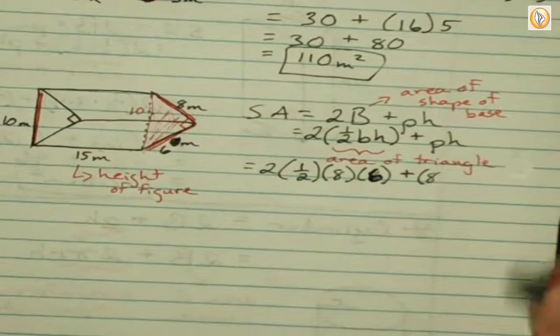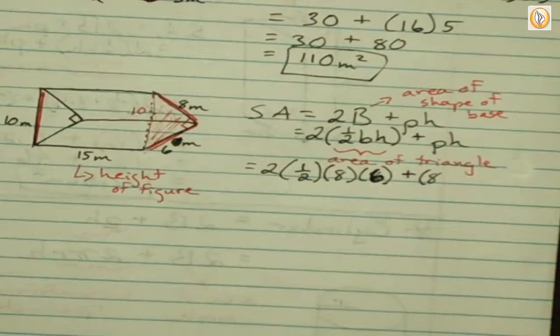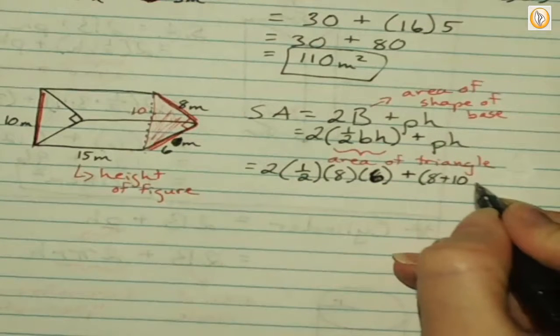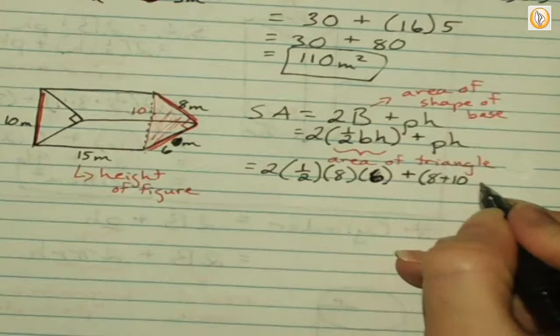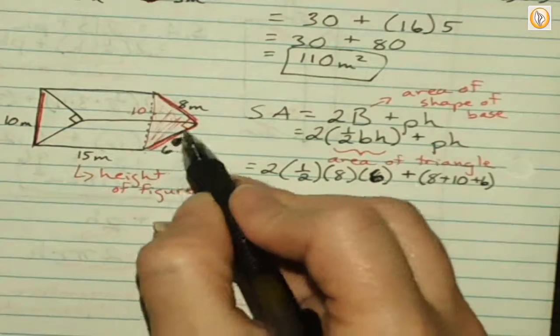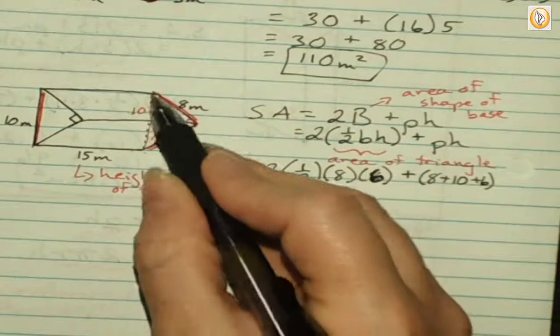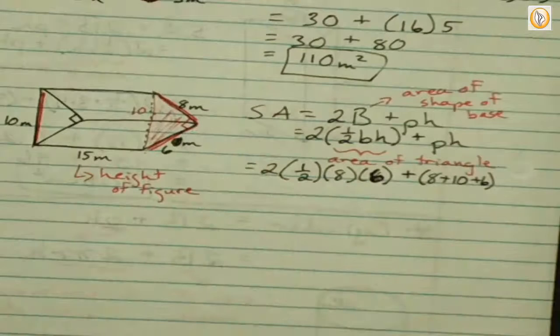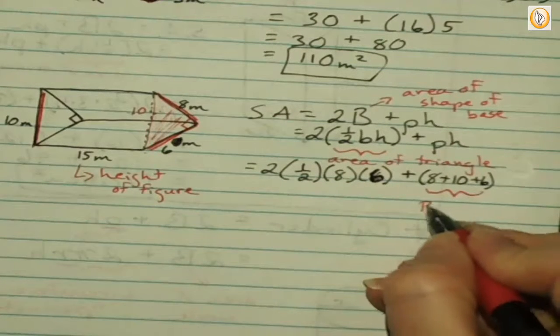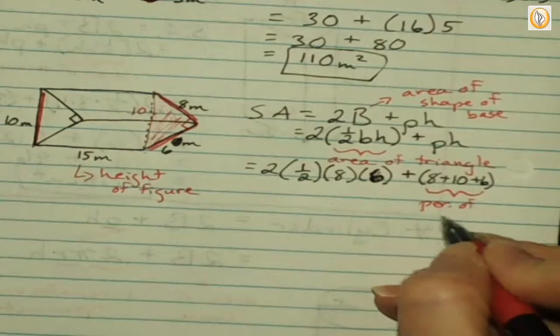So then what are my perimeter numbers? 2. 8. I got 8 and 6. Okay, so perimeter is the perimeter of the base.